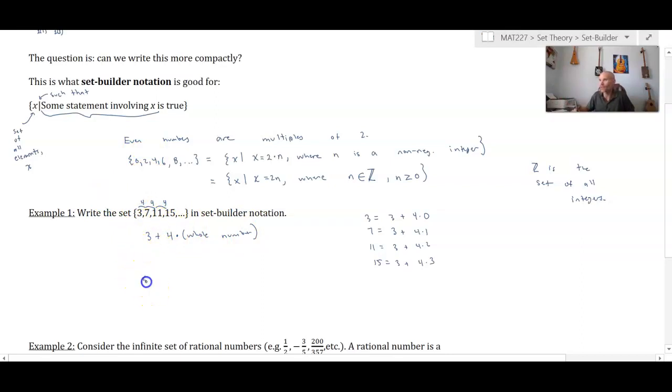So I'll express this set as the set of all, maybe just to not use the letter x again, I'll just say the set of all elements called J. Okay.